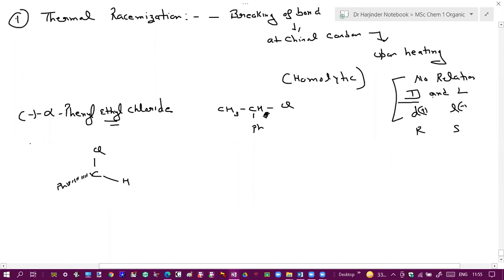That means your molecule may be capital D or L. What is capital D or capital L? It is relative configuration.